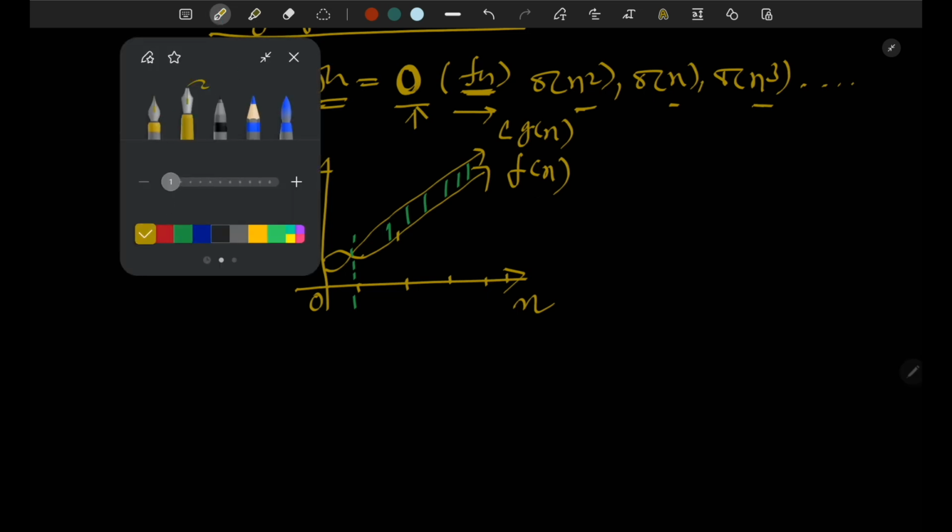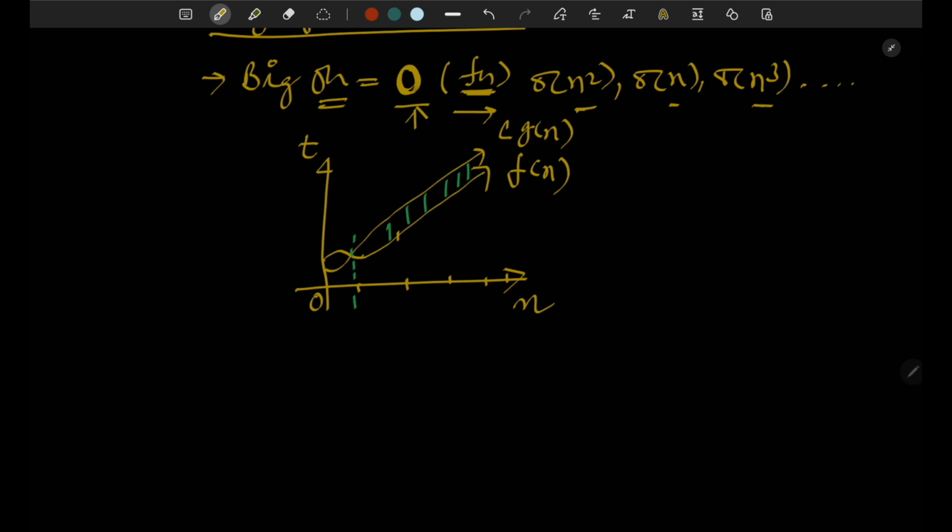How can we represent this? So one way to represent this is like this. So we have function f(n), then we have c of g(n), and it's always greater than or equal to f(n) after this particular point. So let's say this particular point is n naught.